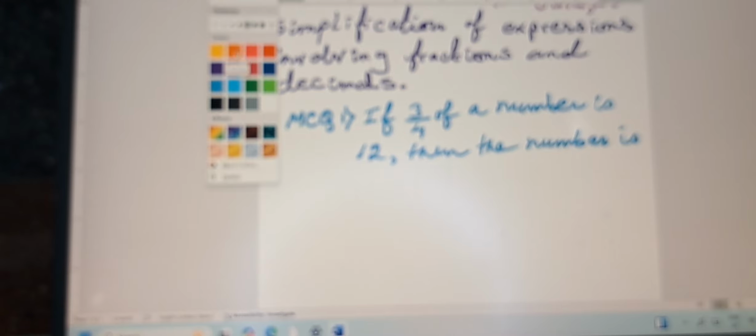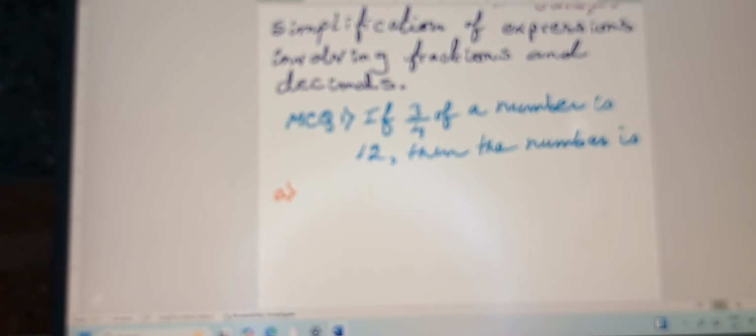If 3/4 of a number is 12, then the number is. Now there are 4 options.